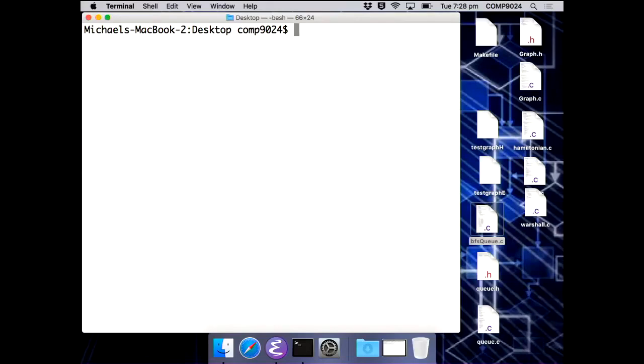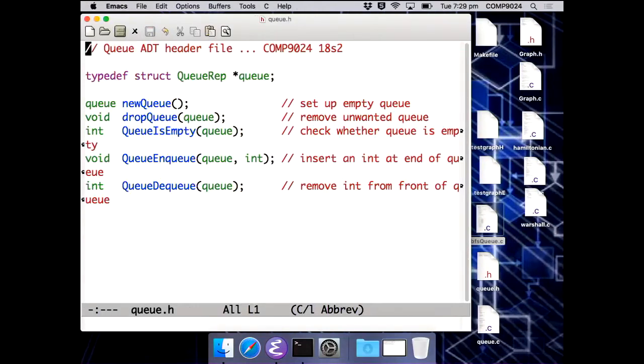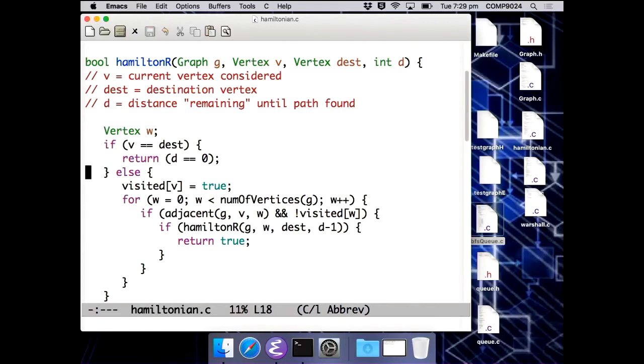Okay, I can also show you, while I'm at it, this is the queue that we have used, but we don't have to look at this. We can look at this program, which is the implementation of the Hamiltonian search algorithm using the recursive depth-first search. It implements exactly the algorithm that we have seen.